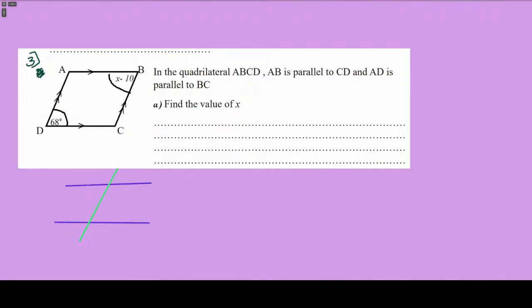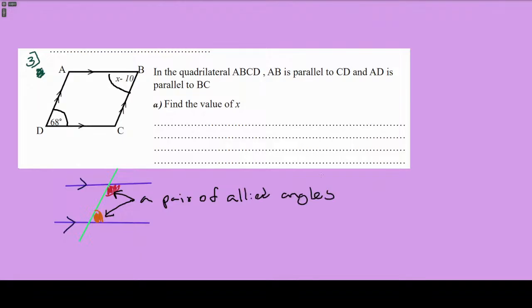If two lines are parallel, what do we call this pair of red and orange angles? It is a pair of allied angles.